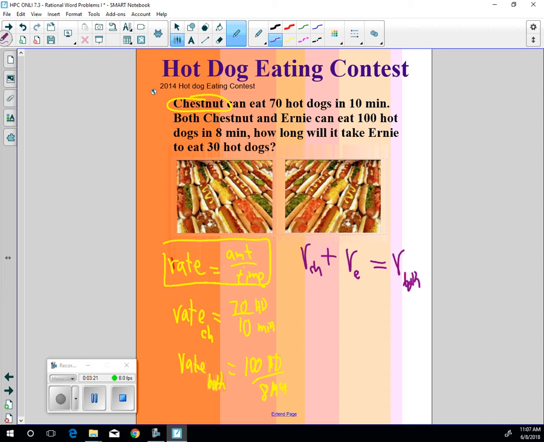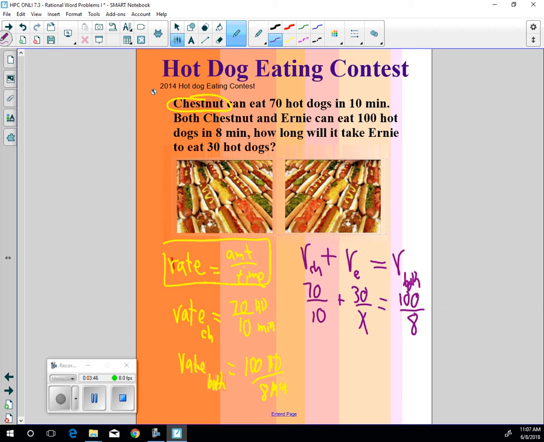So for Chestnut, it's 70 over 10. For Ernie, we want to see how long it would take him to eat 30 hot dogs. We don't know the time, but we know he's going to eat 30 in an x amount of time. And they could both eat 100 in 8 minutes.